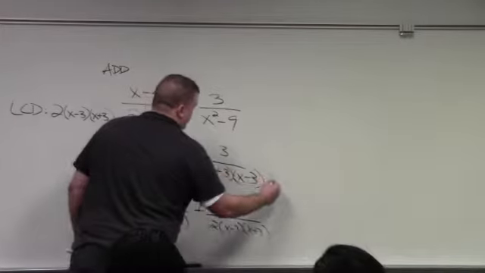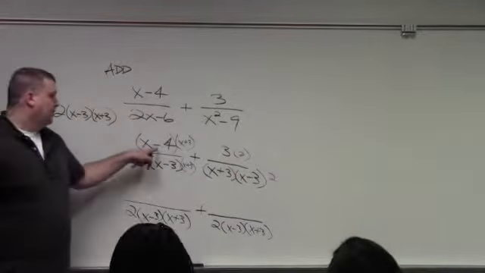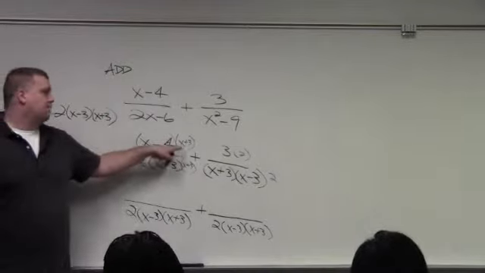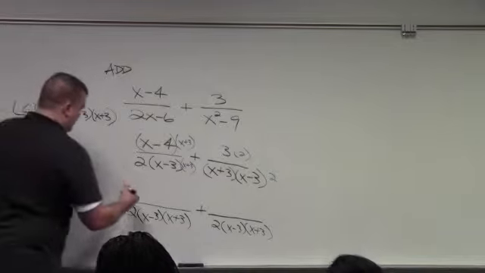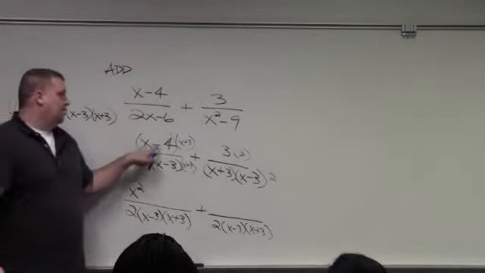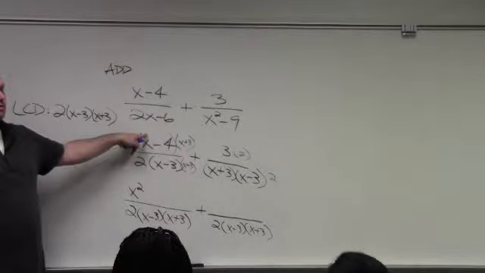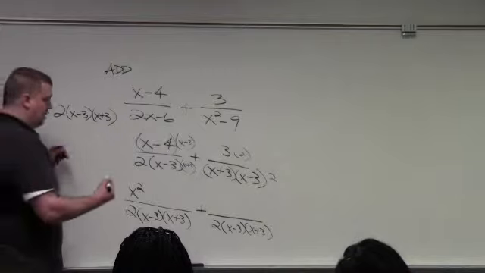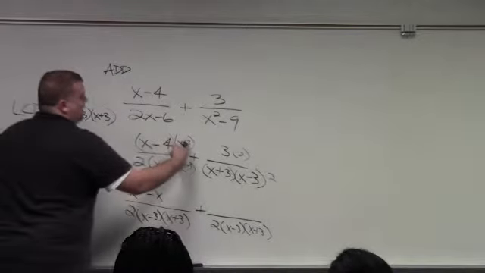So I'd have to multiply this one by 2 and that one by 2. So if I FOIL this out, a binomial times a binomial, what do I end up with? X squared. And then a minus 4x plus a 3x would give me what? Negative x. And then a negative 4 times 3.